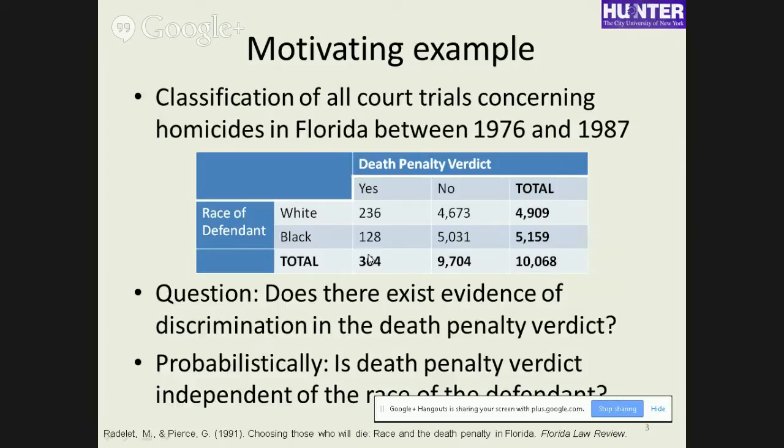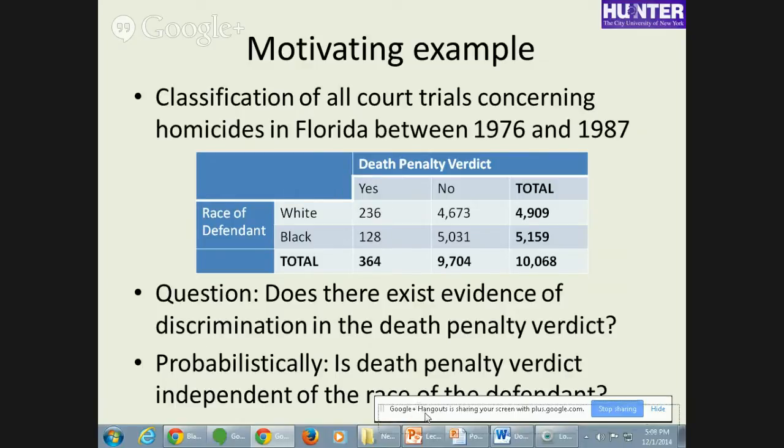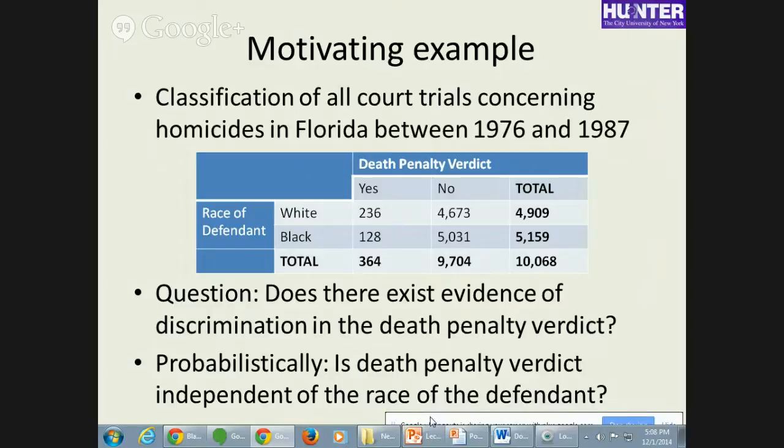So overall, only 364 out of about 10,000, so about 3%, were given the death penalty, and they were about half and half, the races of the defendant, black or white. And the question motivating the study was, does there exist evidence of discrimination in the death penalty verdict? Or talking about it statistically, probabilistically, is the death penalty verdict independent of the race of the defendant?